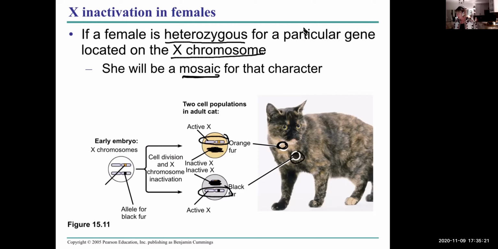And the odd thing is that you can see these bar bodies under a microscope because they're basically a condensed chromosome. That's one way in which females are tested in the Olympics to see whether or not they actually are female.